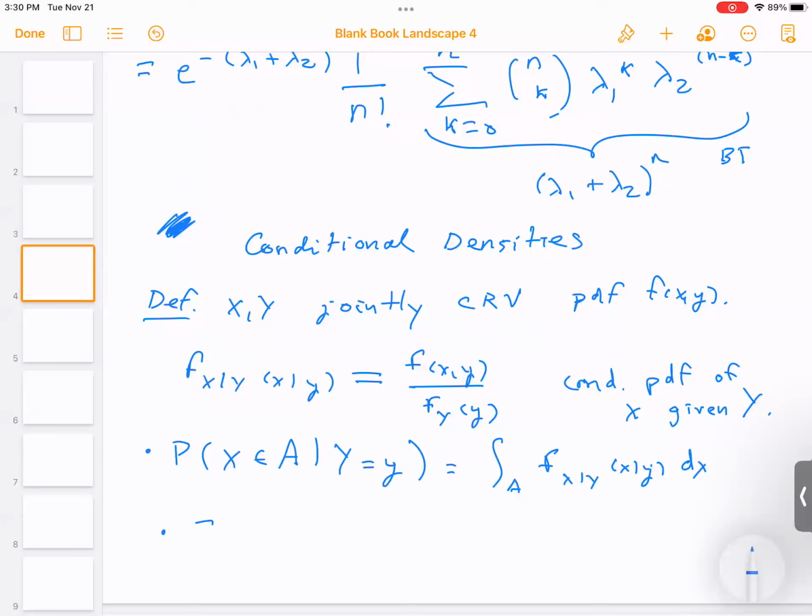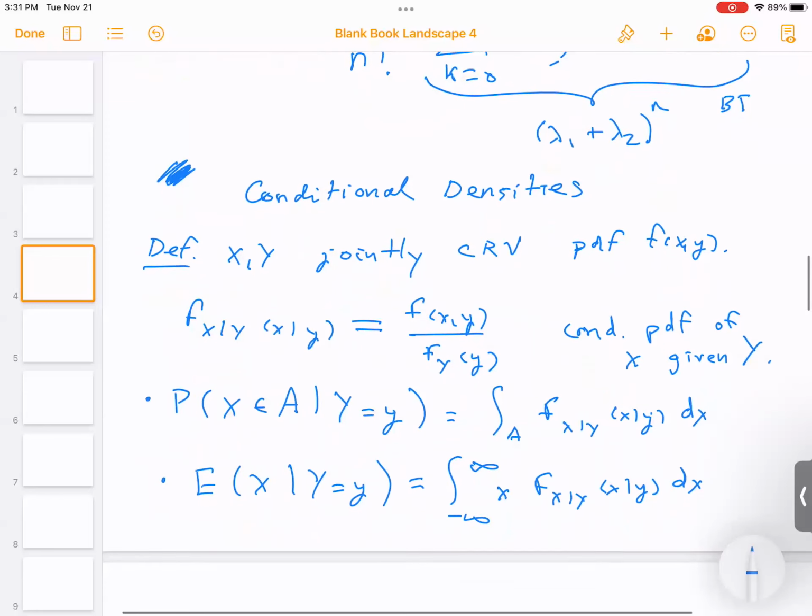And if I want the expected value of X given Y equals some number little y, well, that's just equal to the integral over all x of x times f of x given y, dx.